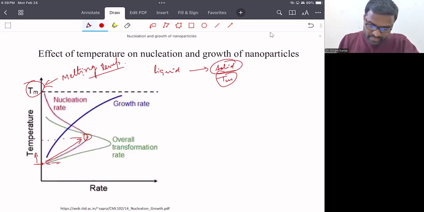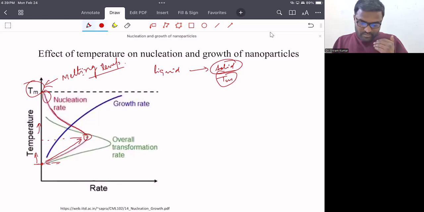After that particular temperature, there is again a decrease in the nucleation process, towards the melting temperature. So using these signatures of the nucleation rate at different temperatures, we can increase or decrease the nucleation rate, and through the nucleation rate we can control the particle size.